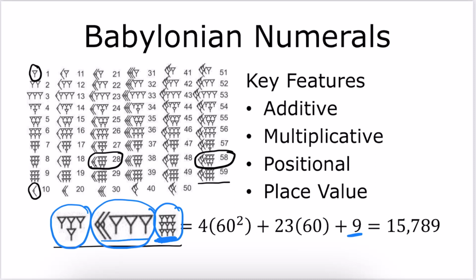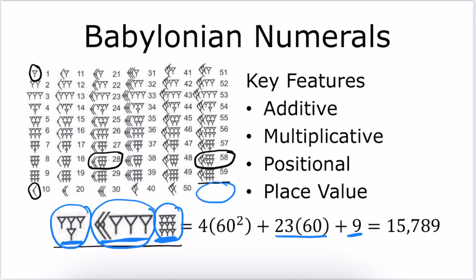But this one represents 23 of counting up to 60, because their number system would start over at 60. And so you basically have 23 60s. And then this number right here, or the 4, is telling that you've counted up to 60 60s 4 times.